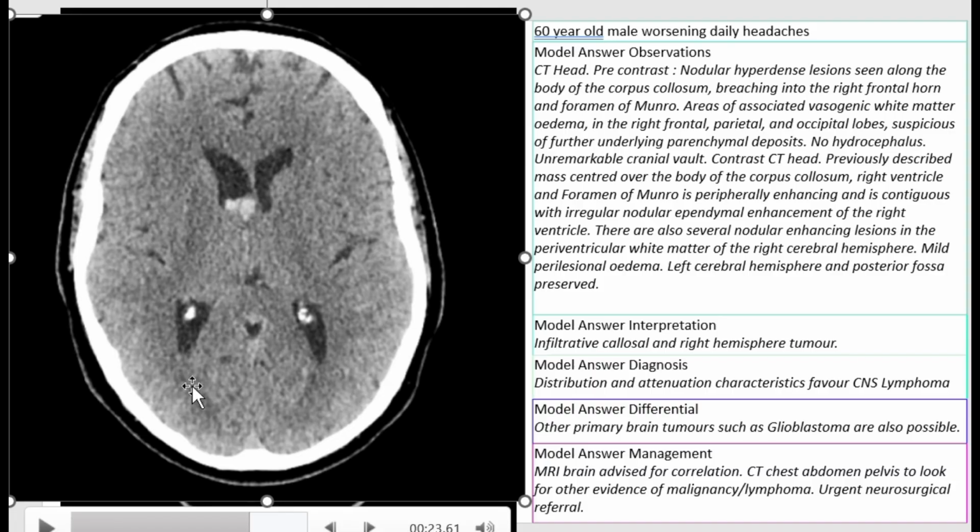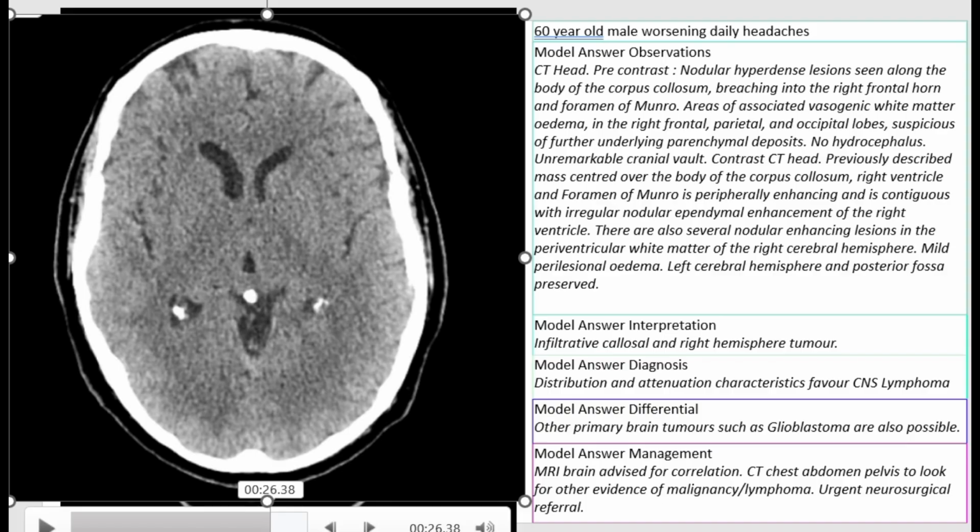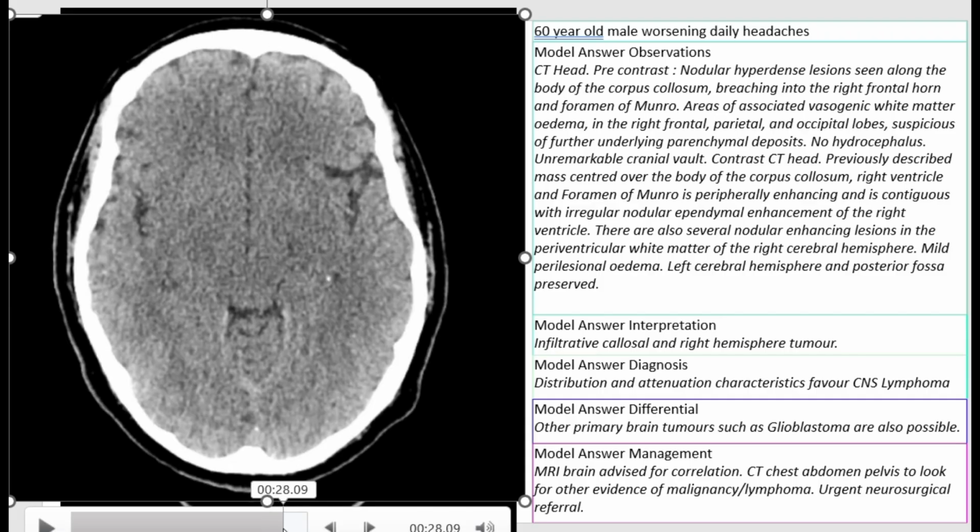The white matter vasogenic edema here is seen at the right occipital lobe. Still in the right occipital lobe. Okay. So the areas of associated vasogenic white matter edema in the right frontal, parietal, and occipital lobe.